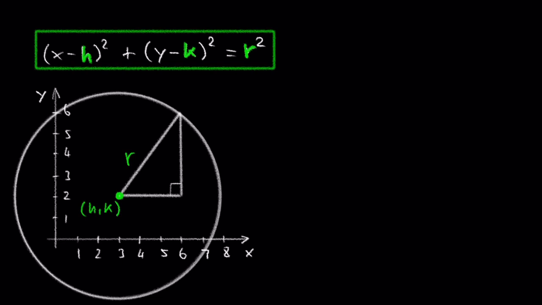So let's say we have a circle where its center has the coordinates 3, 2 and a radius of 5.